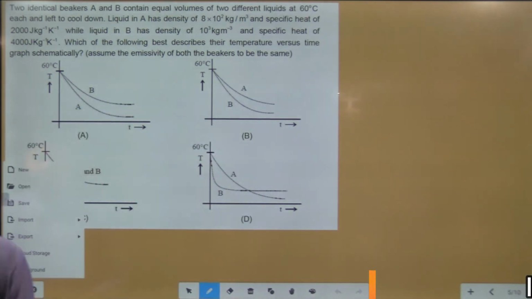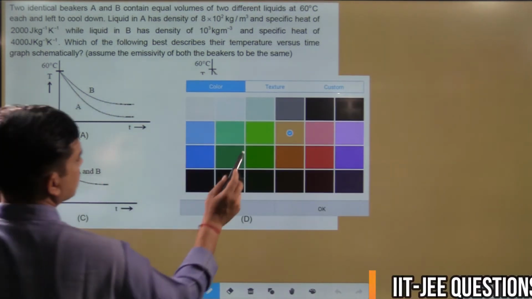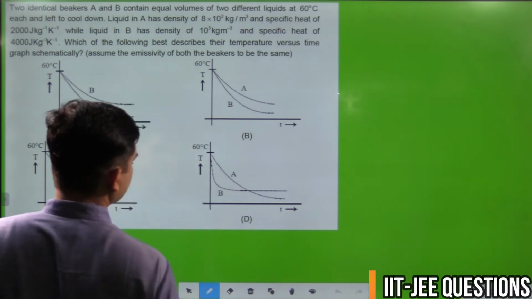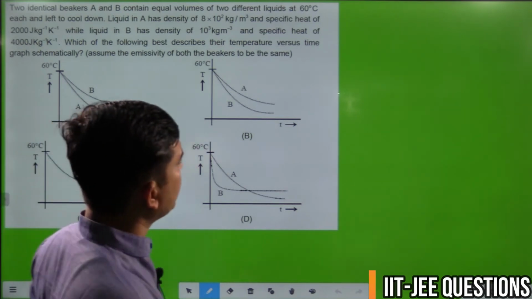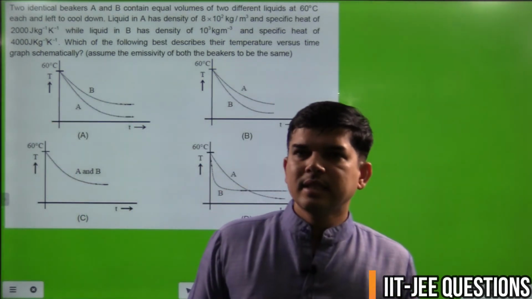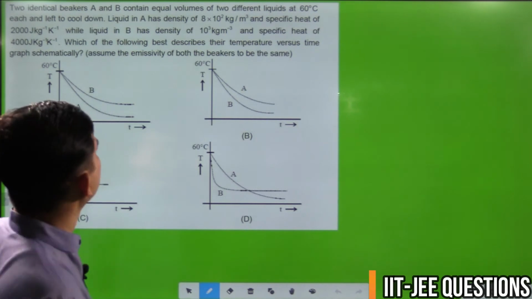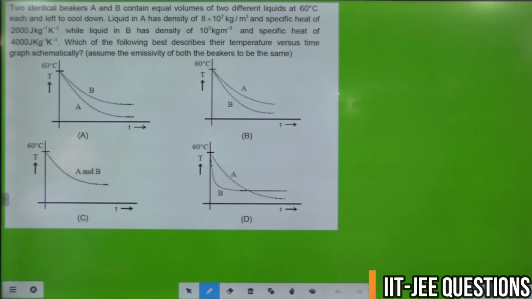The next question. Two identical beakers A and B contain equal volumes of two different liquids at 60 degrees Celsius. Each is left to cool down.